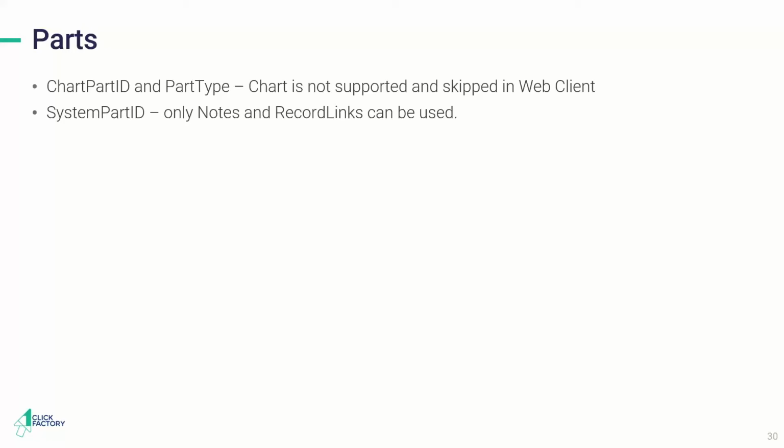And yeah, there are many ways to implement this. Or export it to Excel and use chart functionality which Excel has, and other things. System part ID: only notes and links can be used.